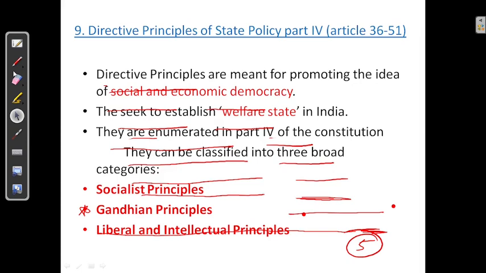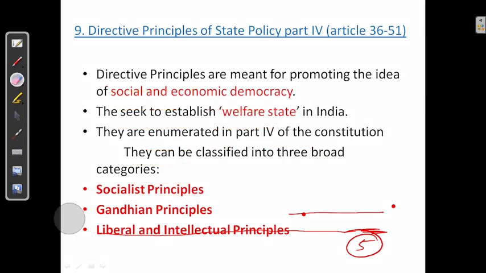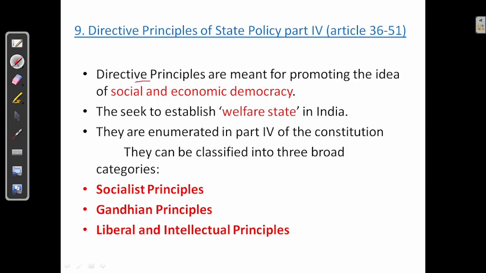Next, directive principles of state policy. So DPSPs are meant for promoting the idea of social and economic democracy. Earlier we have seen fundamental rights are political democracy. DPSPs are social and economic democracies.